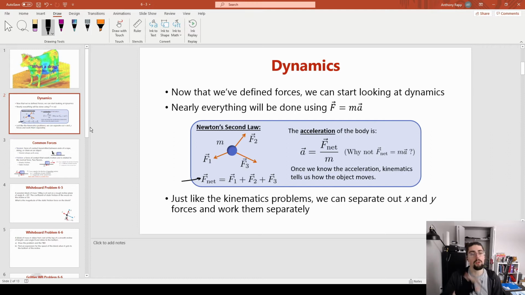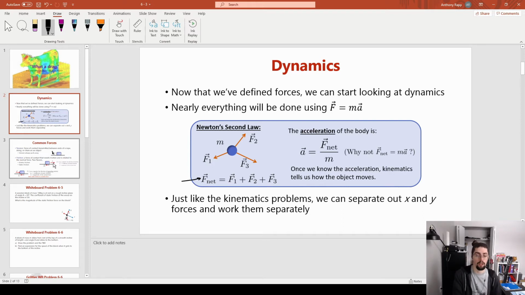This is incredibly useful because if we've got, say, 5 or 6 forces, we don't have to think about what each force is individually trying to do to our object. We can take all the forces, slap them all together, find a net acceleration of the object, and then go back to our old kinematic equations and figure out how that thing is going to move.